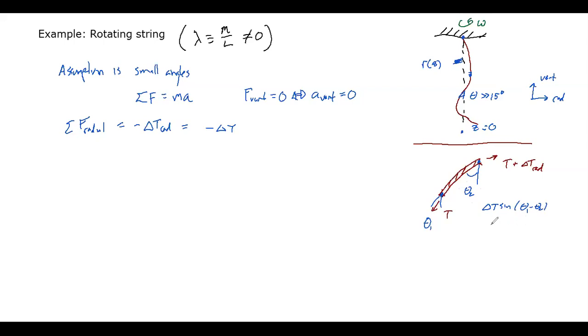That's going to be annoying to write. So I'm just going to define theta to be the difference. Okay. So theta is the little bit of extra angle, the angle of bend of this piece of string. So that's what theta means. So sine theta.